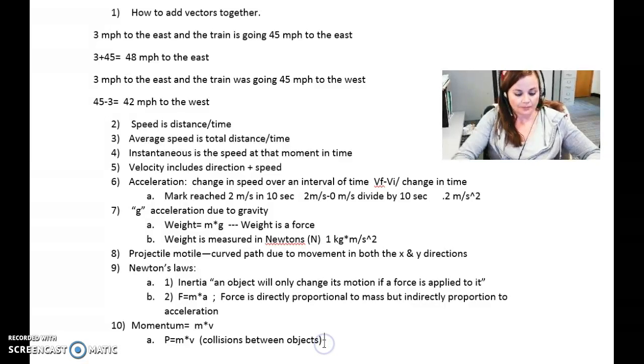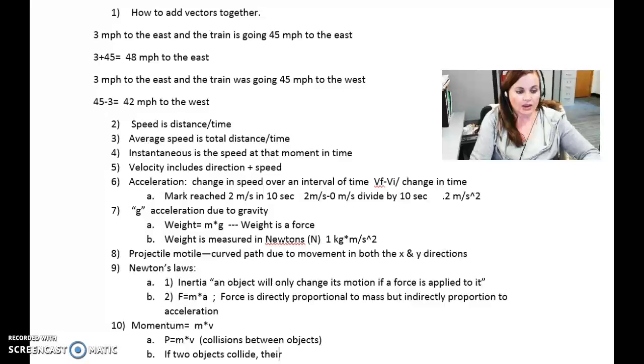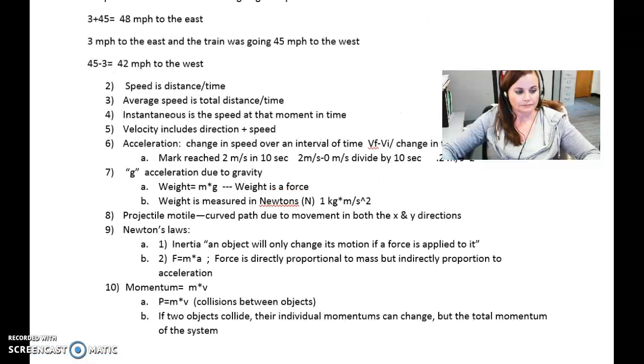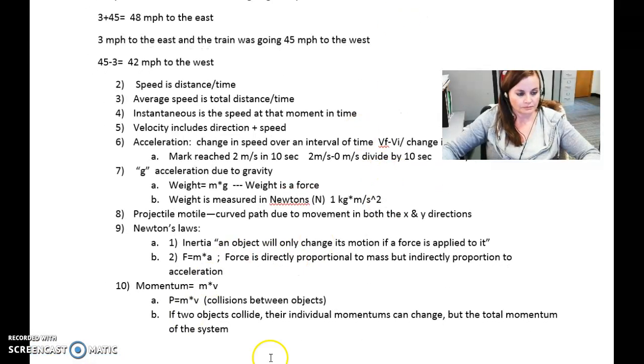So essentially, if two objects collide, their individual momentums can change, but the total momentum of the system remains constant.